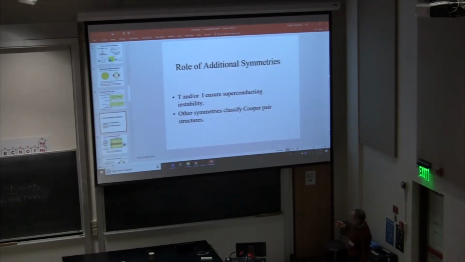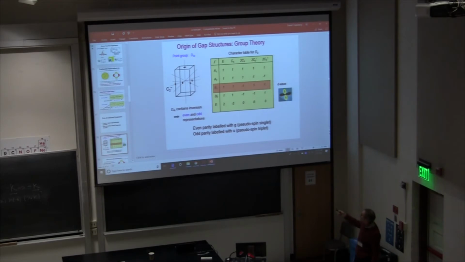All right. Okay, and so what we were turning to now was we'd understood in some sense what time reversal and inversion symmetry do. We're turning to what the other symmetries in all our crystals imply for Cooper pairing. Okay. And so I showed you this character table, and the one thing I want to point out is that throughout this field we always use pictures, and we say things like kx squared minus ky squared to describe superconductivity, but none of those pictures should be taken seriously.